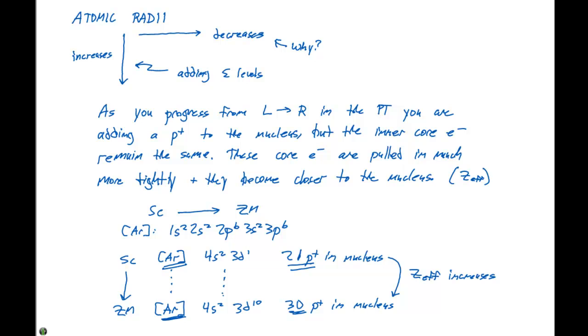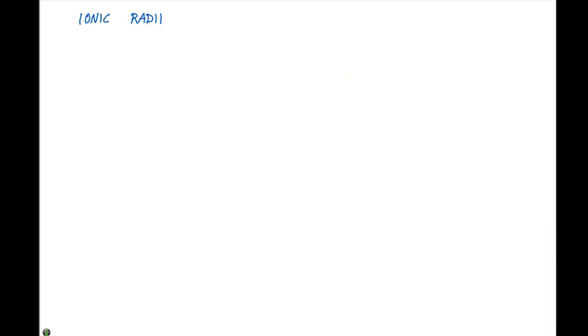And as a result, when we move from left to right in the periodic table, the general trend we see is that the atomic radii decreases. So now that we have this foundation, in the next video we can discuss what happens when we go from an atom to an ion and how the ionic radii would be influenced.